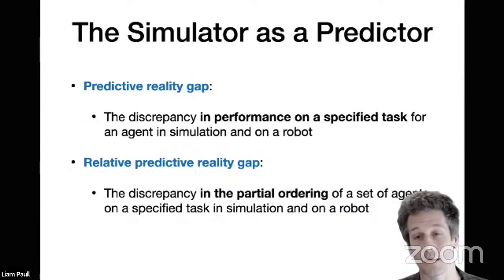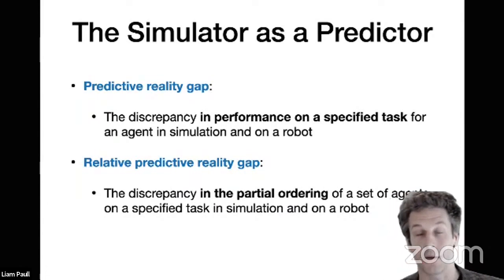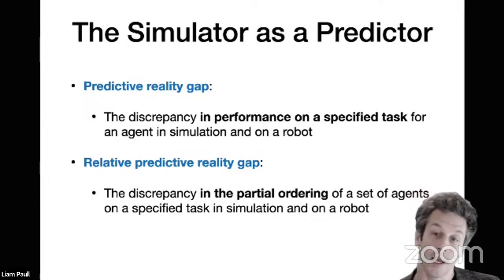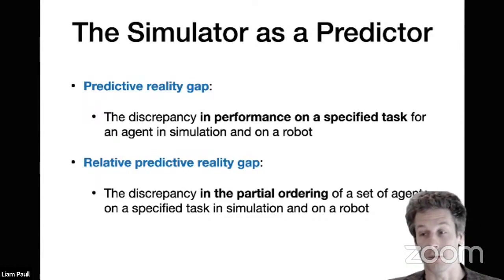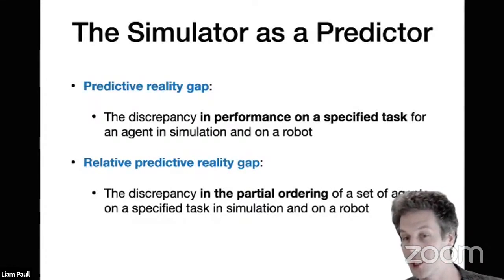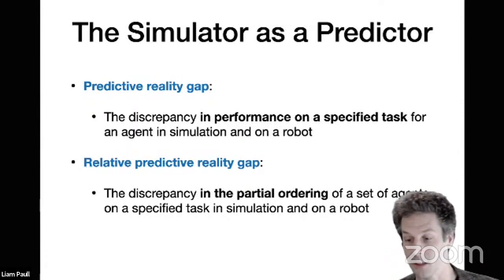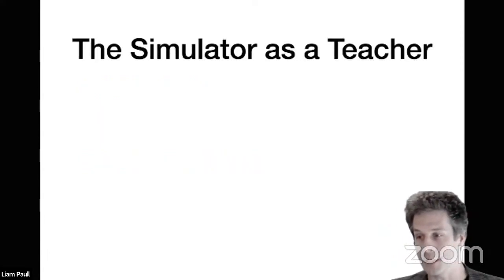Basically, if in simulation we deem that agent A is better than agent B on metric I, and we evaluate those agents on the real robot hardware, and indeed agent A is better than agent B on metric I, then we have a faithful reproduction of the relative performance of these two agents in the simulator.